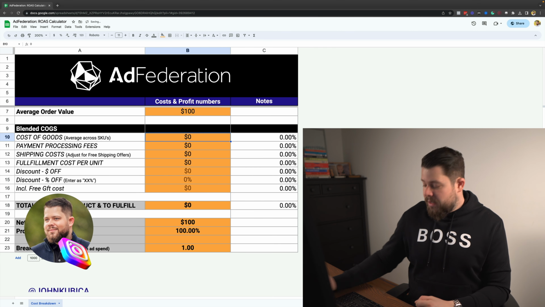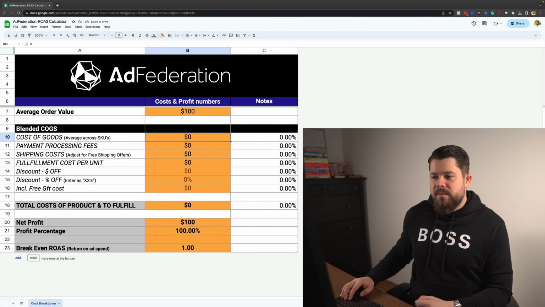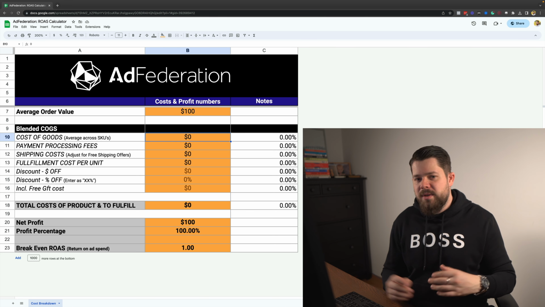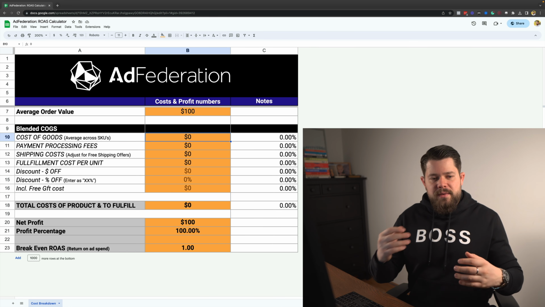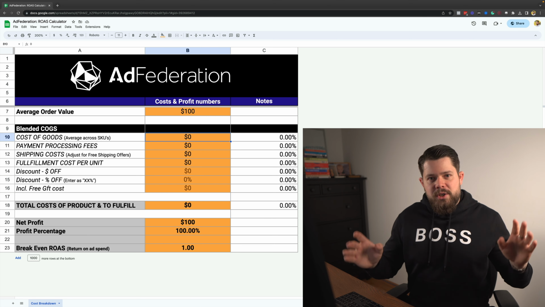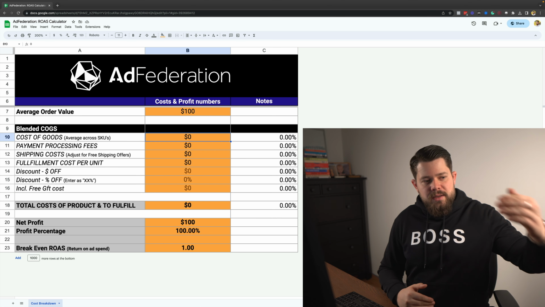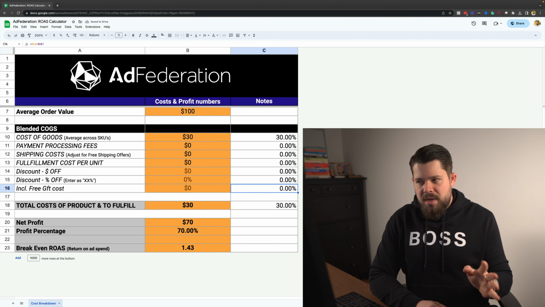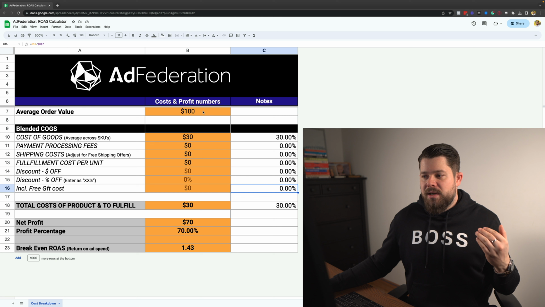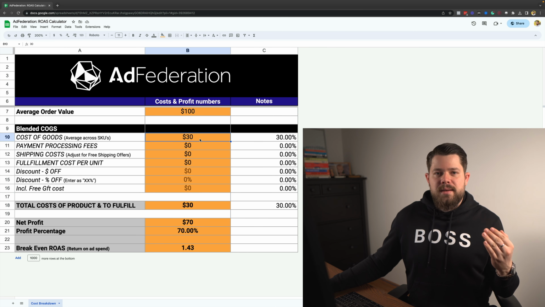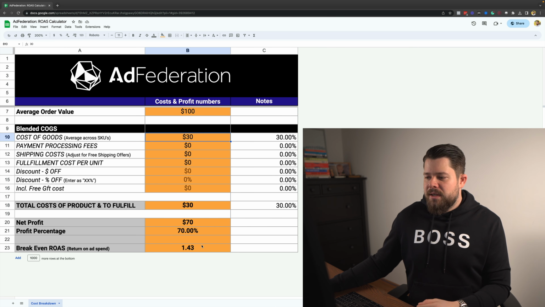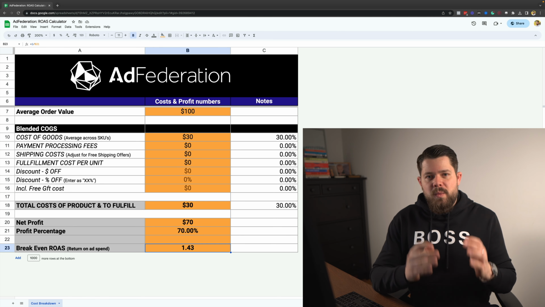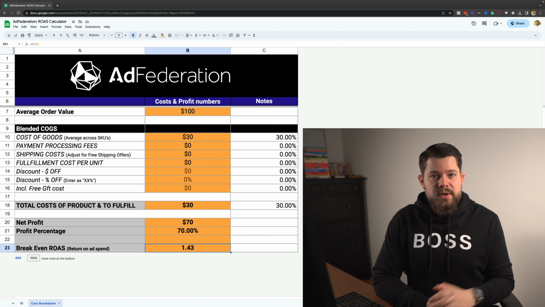And let's say that all costs together, with shipping, fulfillment, basically production and factory, and all the journey from factory to customer, cost, let's say, 30. This means that I'm selling this product for 100 and my costs are 30, so my break-even ROAS is 1.43.